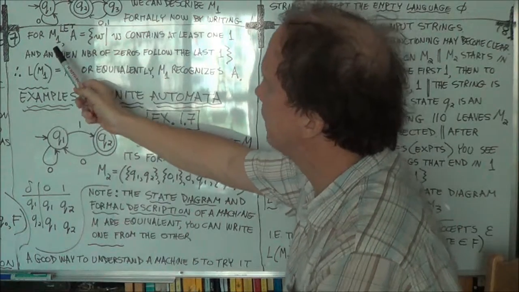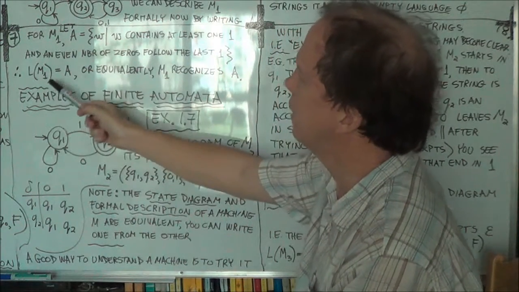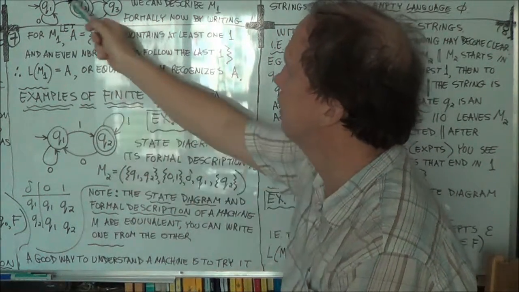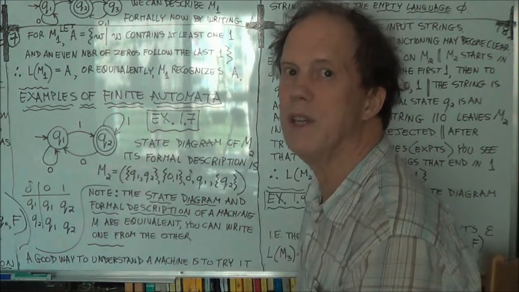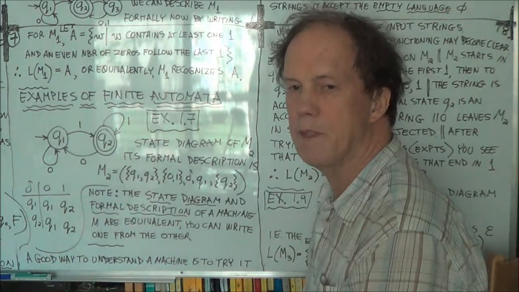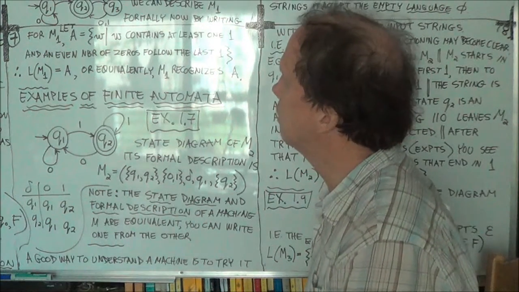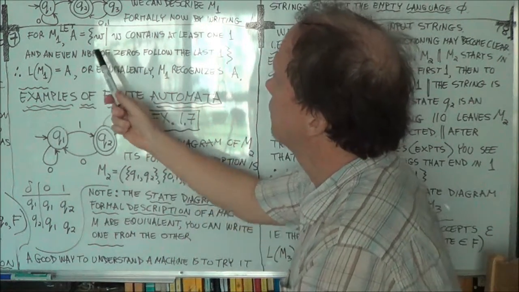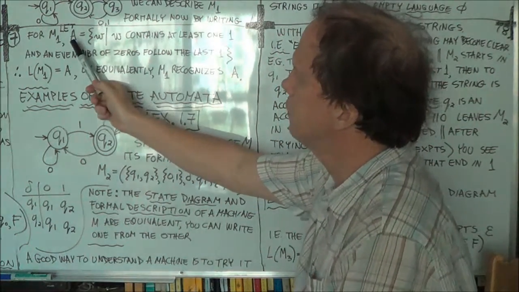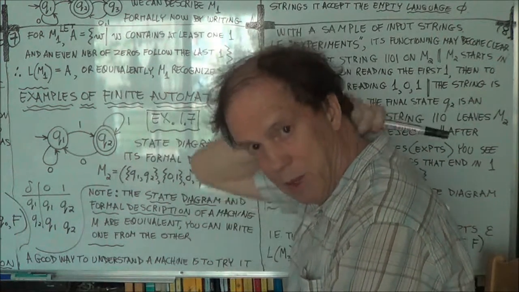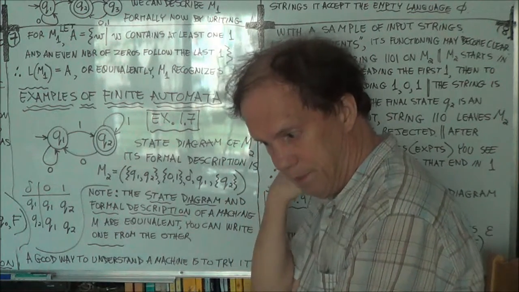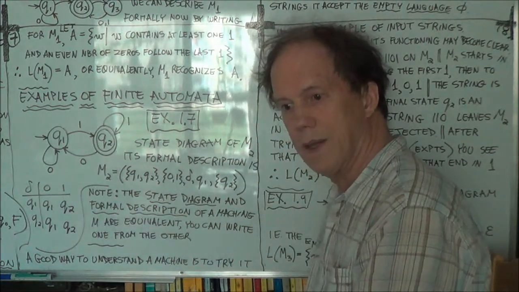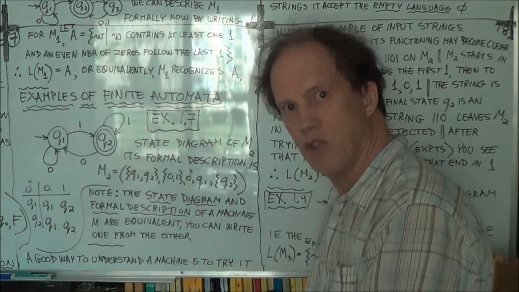Well, for M1, the three state automaton we've been talking about a lot, here's a description of your language. Remember, a language by definition is just a set of accepted input strings.